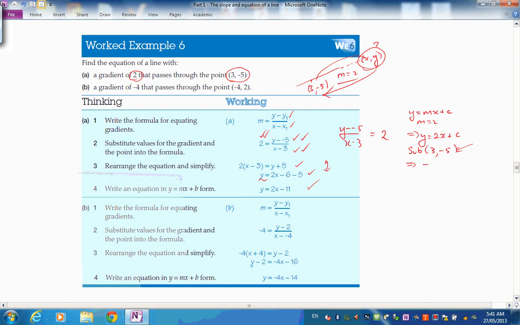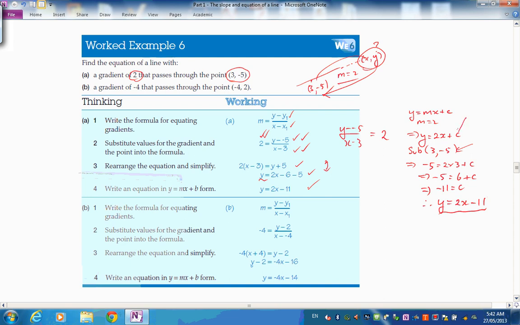So y is neg 5 must equal 2 times x plus c. So neg 5 equals 6 plus c implies neg 11 equals c. Therefore the equation is 2x take 11. Same idea, bit different. We're backtracking to find c.